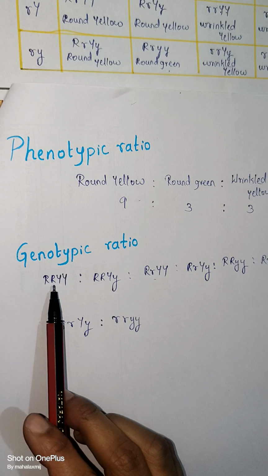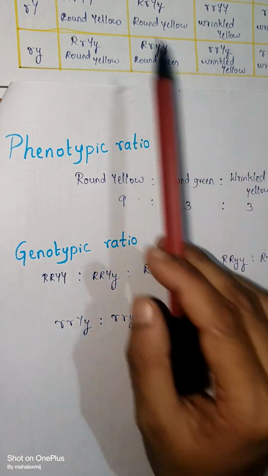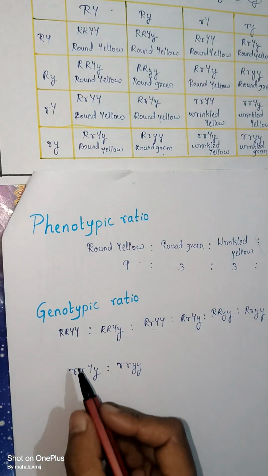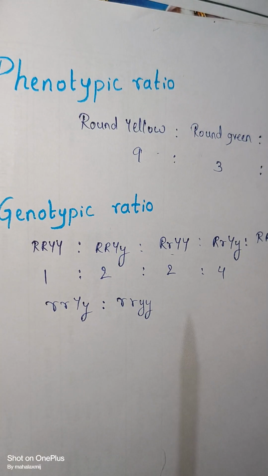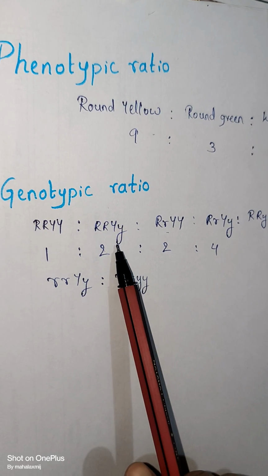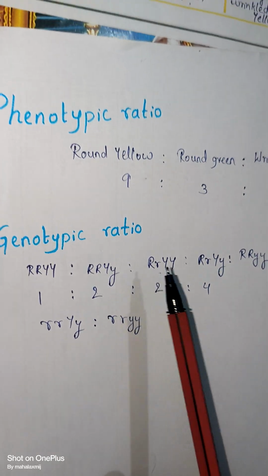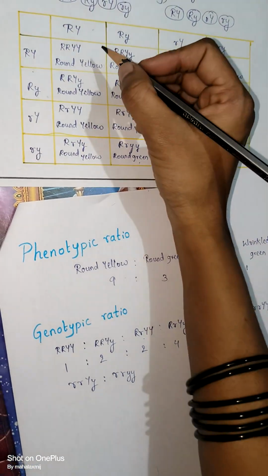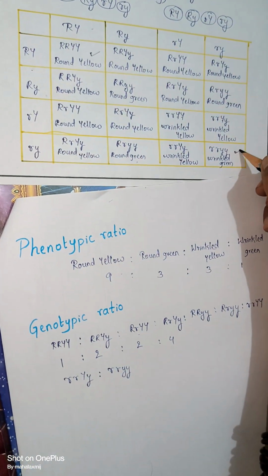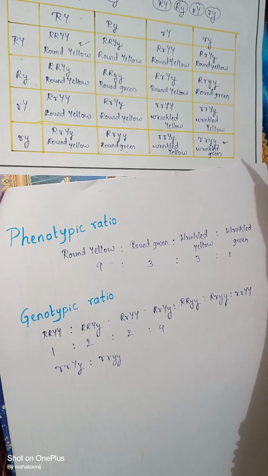Now, how many capital R, capital Y are there? That is only one. The next one is capital R, capital Y, small y. On counting here, we are having for these two boxes. So the first box and the last box are unique. They are not equal to any other.